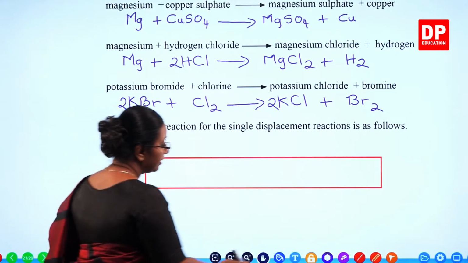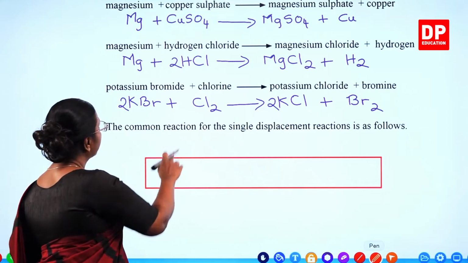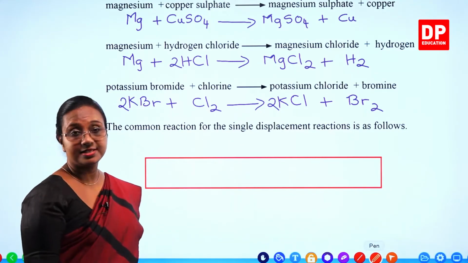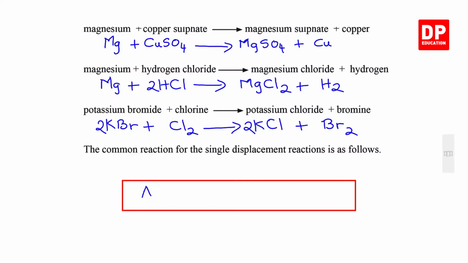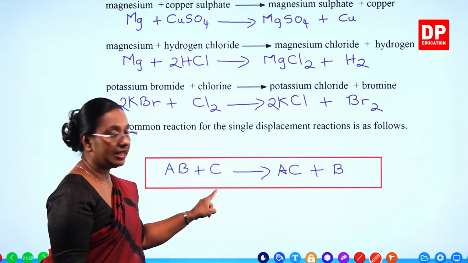I have shown you all this before also. If we are to write the common reaction for the single displacement reaction, how did we do it? AB plus C gives rise to AC plus B. So here you have a compound, you have an element.